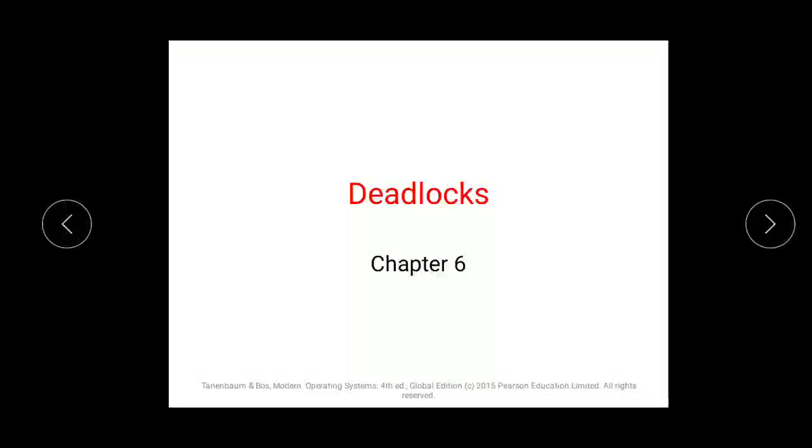Now, deadlocks is basically a new topic for you all, and deadlock is a type of problem wherein there are reasons for a resource access. When you talk about resource access, for example, I have one pen.